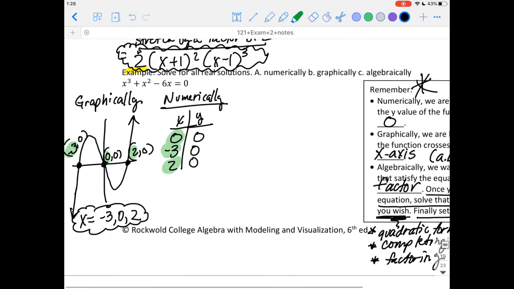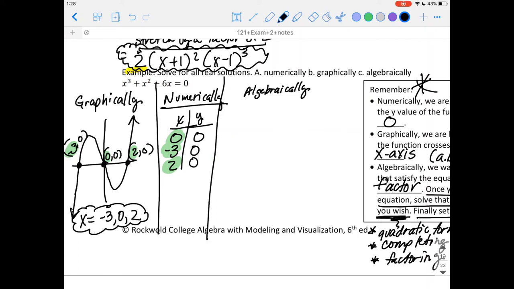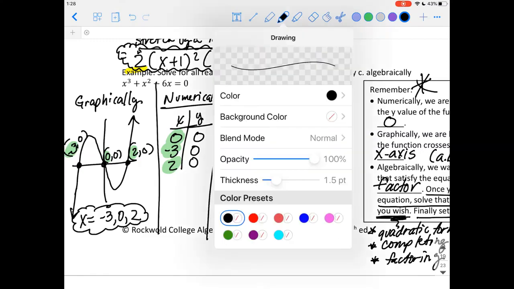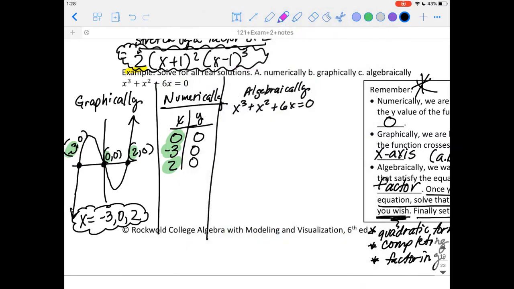All right. So here on this one, algebraically, I'm going to see if I can make this fit. So we have x cubed plus x squared plus 6x is equal to 0. And again, I cannot emphasize this enough. We have to be in factoring mode, especially since we don't have a quadratic.